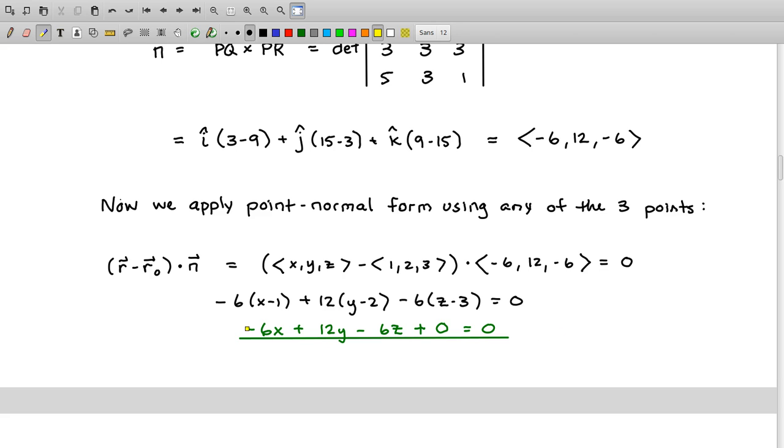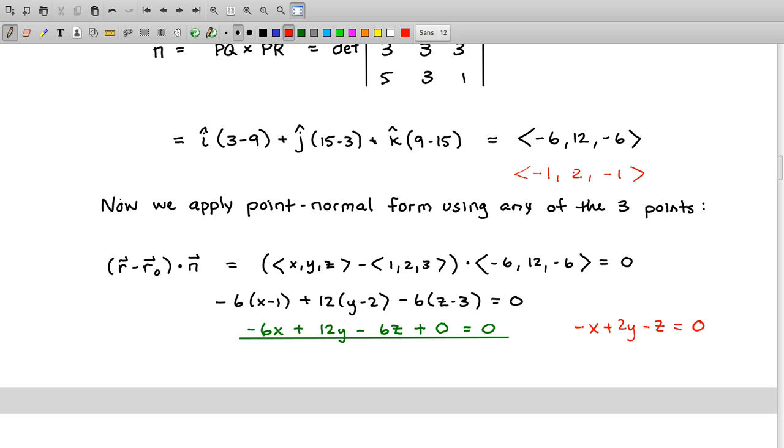I have not tried to simplify this at all, but I would like to point out for your benefit that you can simplify this expression and get the same plane. So this is entirely equivalent to the plane -x plus 2y minus z equals 0, which means that an alternate normal we could have chosen, simplifying this normal itself, is -1, 2, -1 if we prefer small numbers to large numbers.